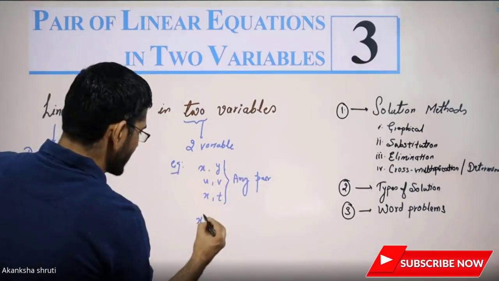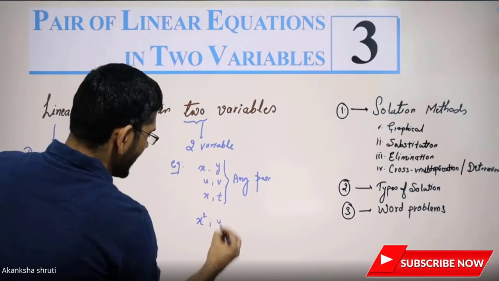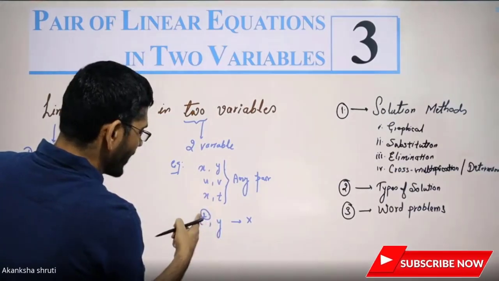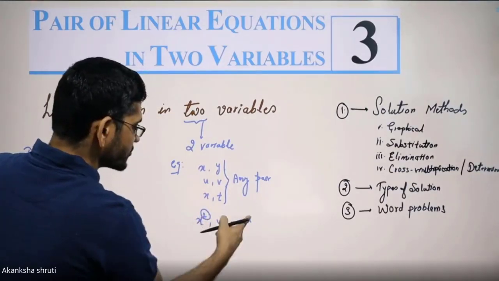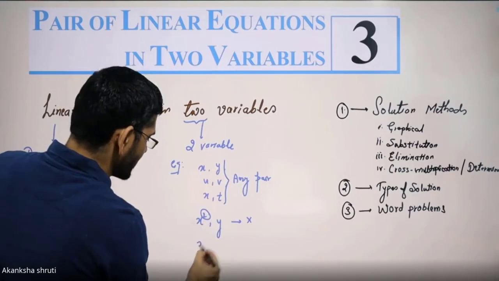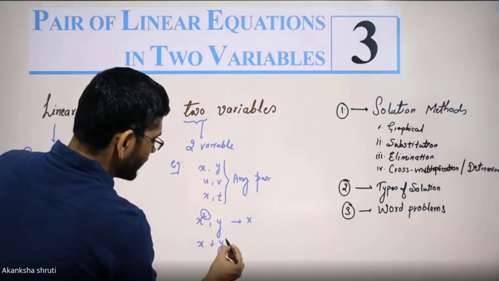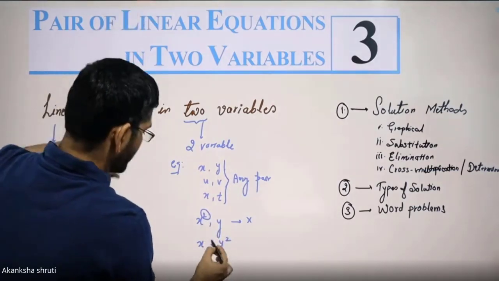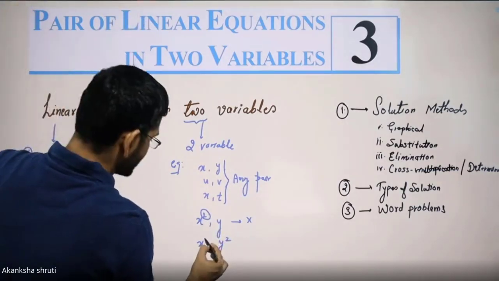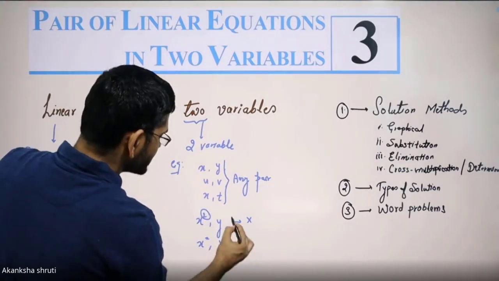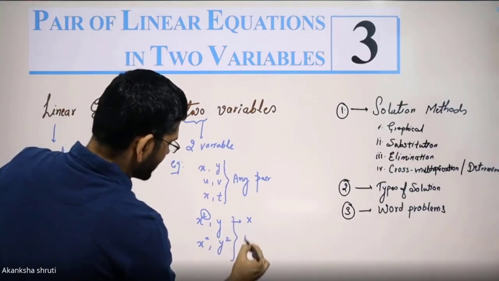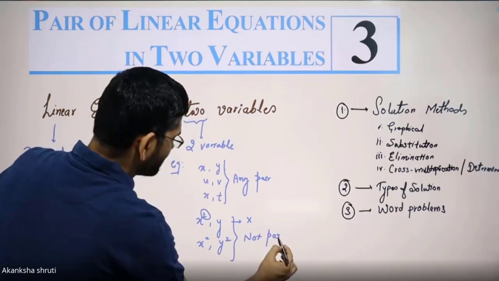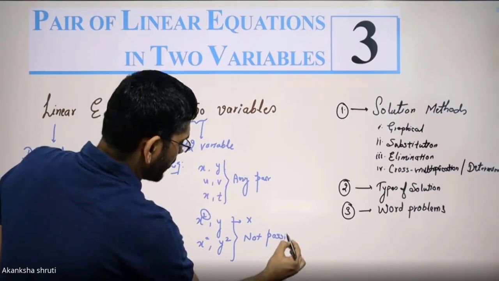If you want to take x square and y, no, it becomes wrong. Why? It becomes a quadratic in x. So this pair is not possible. x plus y square, or x and y square, or x square y square, these things are not possible. Or even cubic or any higher power of x is not possible.